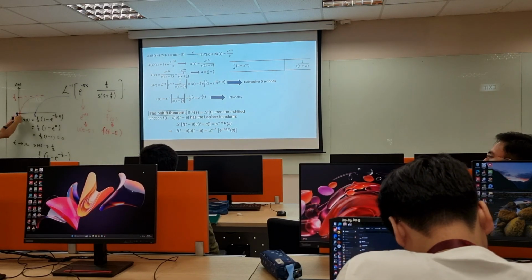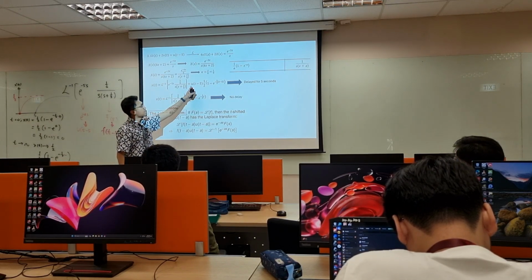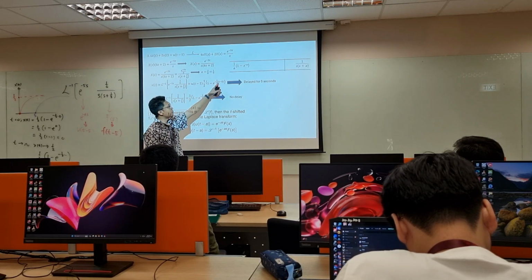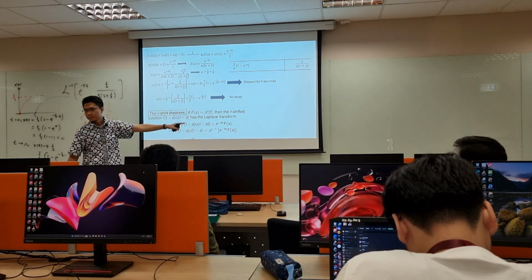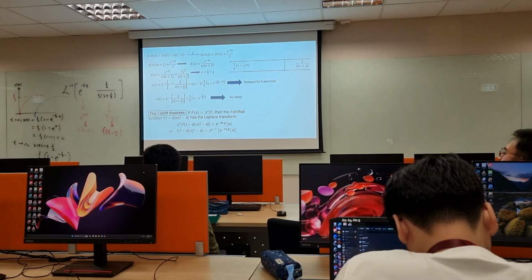And the shift is because of two things. The first thing is that you multiply by the delayed step, and then you replace t with t minus 5. So it will result in the delay of the response.